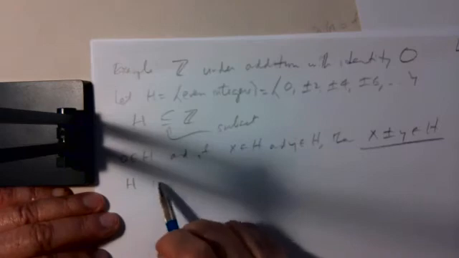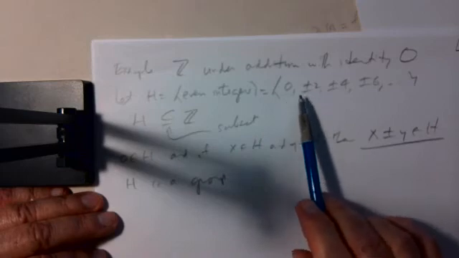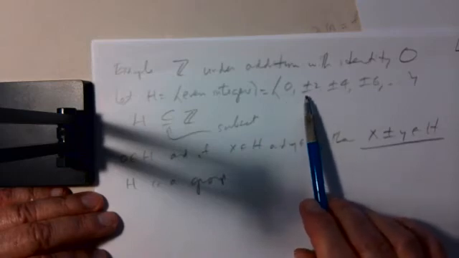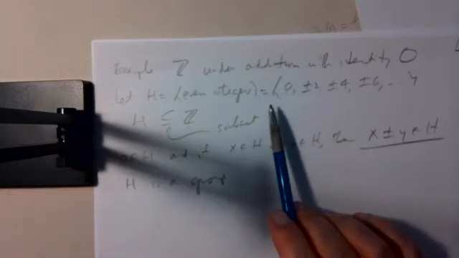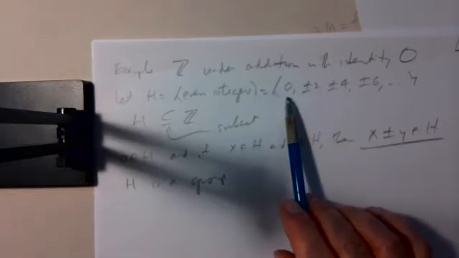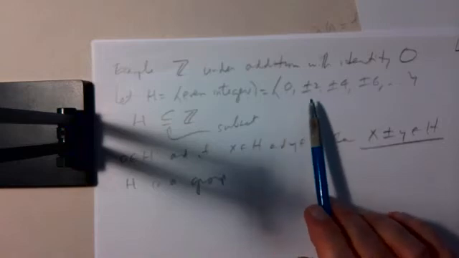H all by itself is a group because addition of all integers is associative. So addition of even integers is associative. H contains the identity element 0, and it contains the inverse of each of its elements. If n is even, minus n also is even.